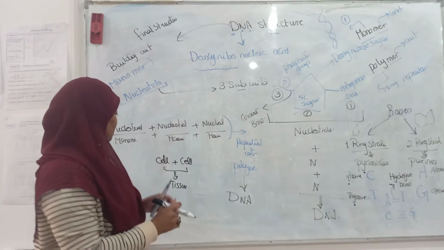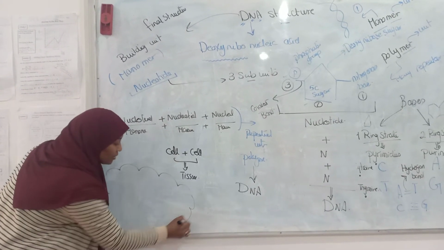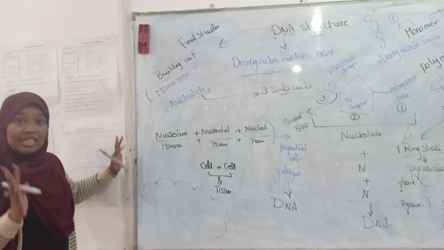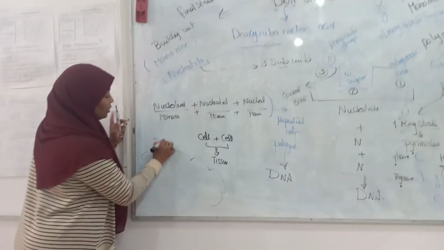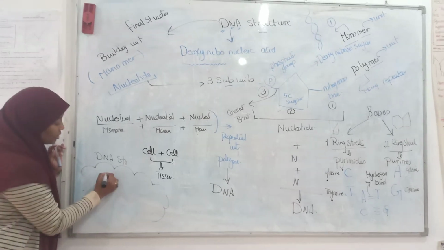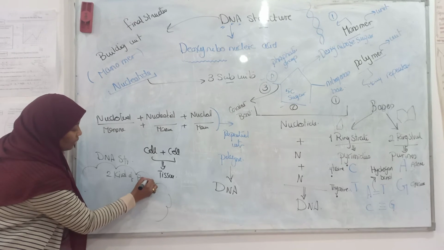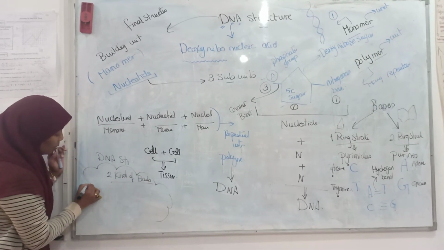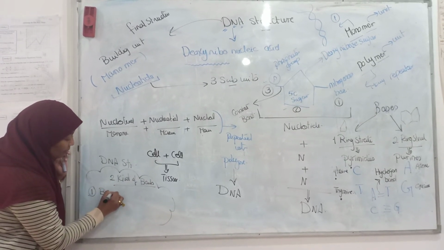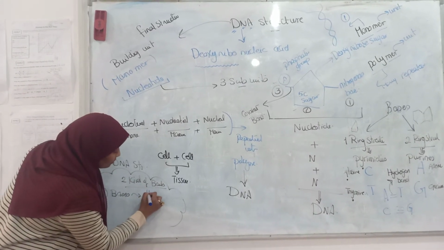Covalent bond. Okay, here I'll make some sort of comparison for you. So in the DNA structure, you have two kinds of bonds. Number one, between the bases, and this is called hydrogen bond.